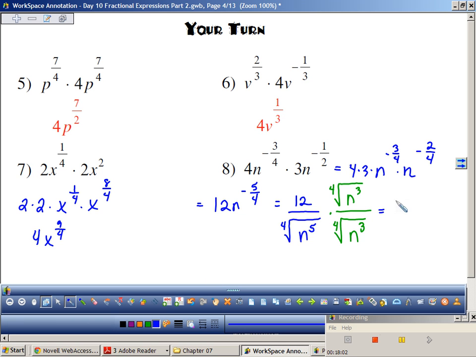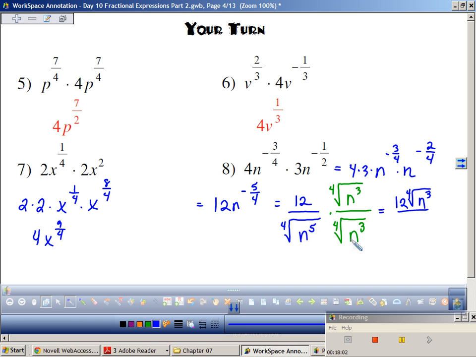Which gives me 12 4th root n cubed divided by, if I have n to the 5th times n cubed, I now have n to the 8th, 4th root. How many n's get kicked out? 2. So my final answer is 12 4th root n cubed all over n squared.